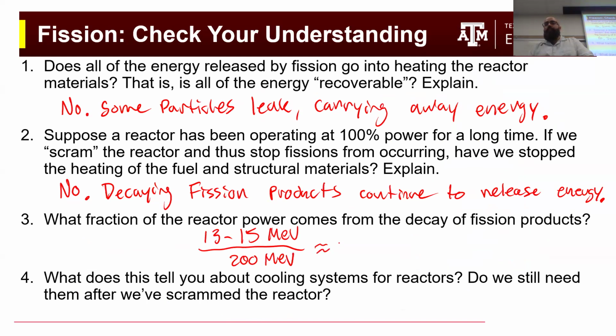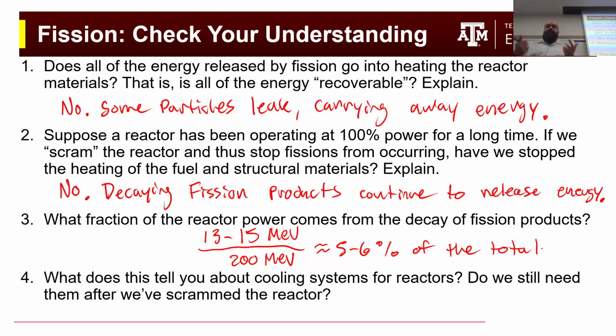And that comes out to about 5 to 6% of the total. So decay actually makes up a pretty decent amount of the reactor power. For reactors operating at 1,000 megawatts, 5 to 6% of that is just from the decaying nuclear fuel.